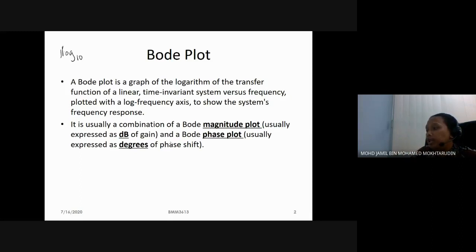And in Bode plot, there are two types. First is the Bode magnitude plot, which is usually expressed in decibel. And the second one is the Bode phase plot, usually expressed in degrees, known as phase shift.